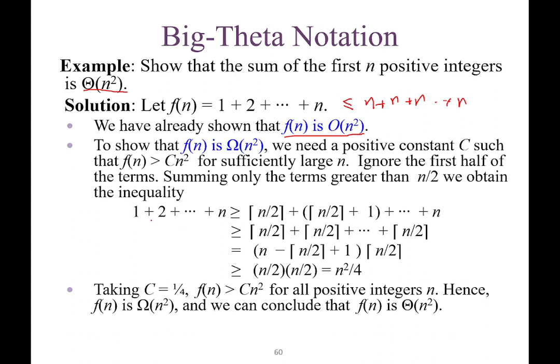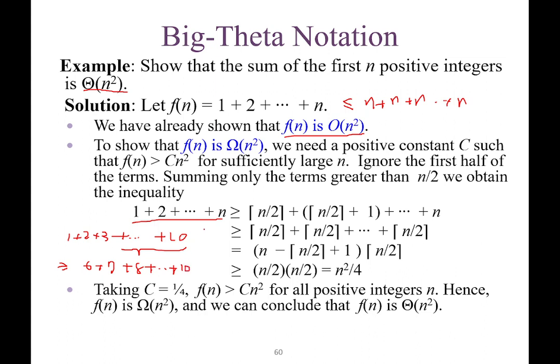So f of n is 1 plus 2 plus ... plus n. Consider a real example, for example, 1 plus 2 plus 3 up to 10. This is larger than if we only consider the bottom half of this sequence, for example, larger than 6 plus 7 plus 8 plus 9 plus 10, right?